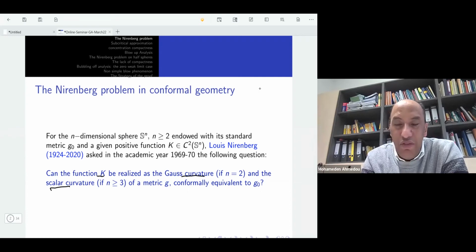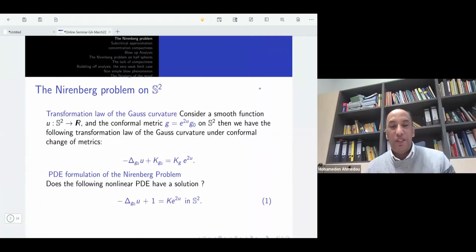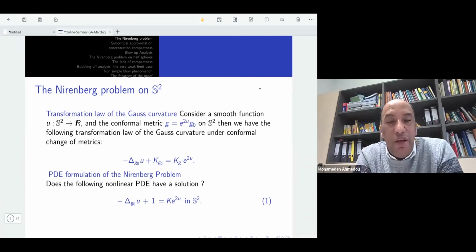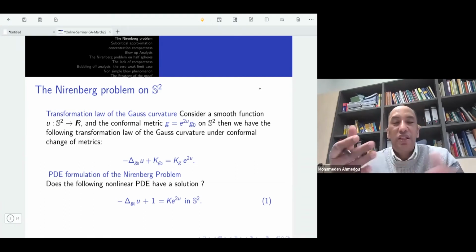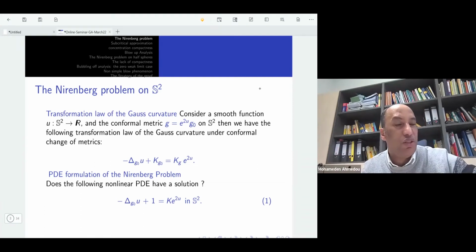This problem has a very nice geometric and also PDE formulation. Let's first start with the case of the two sphere.